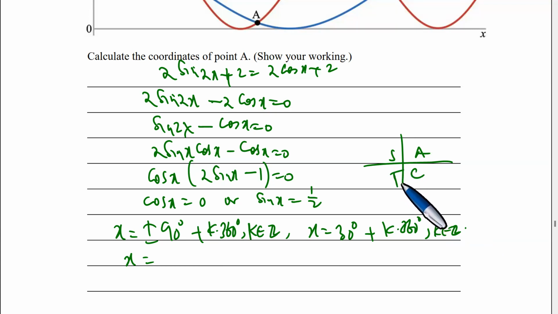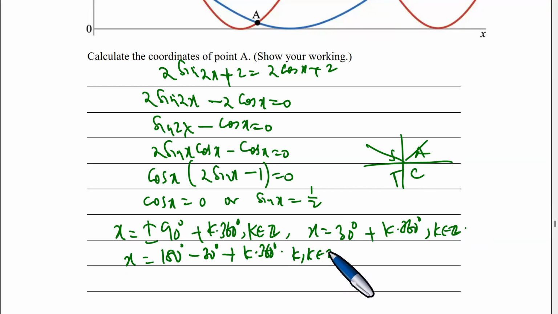It's positive in which one? In the first, but it's also positive in the second. So this one is going to be 180 minus 30 degrees plus k times 360 degrees, where k is in Z, which means x is 150 plus k times 360 degrees. Okay. You can remove one of the k's here. k is an element of Z.